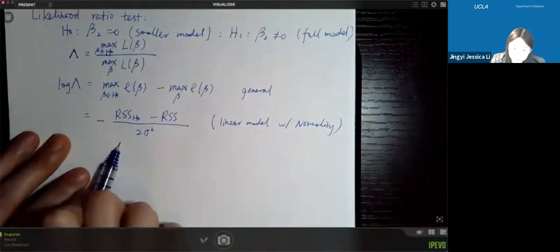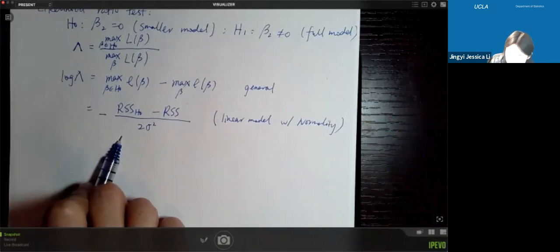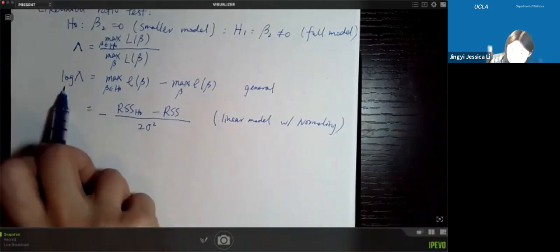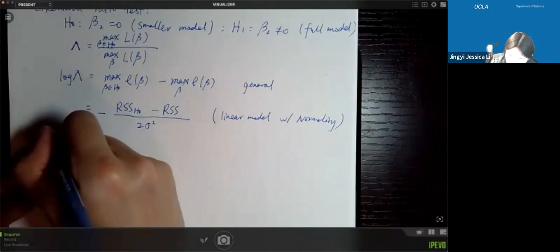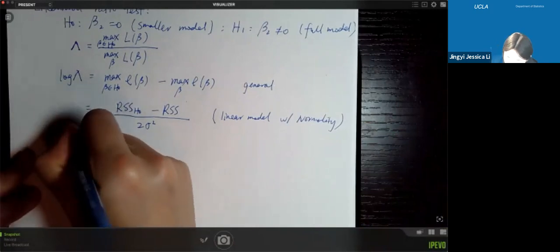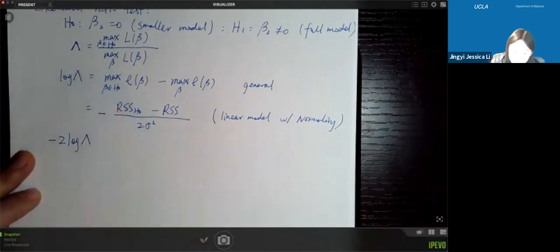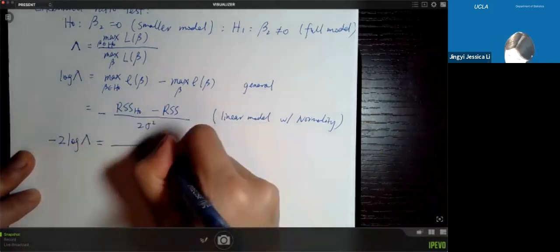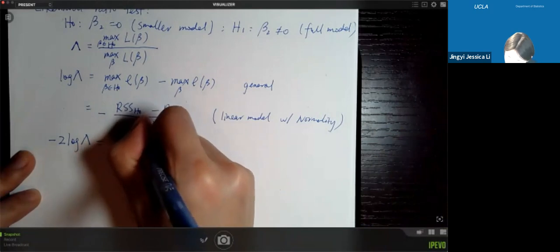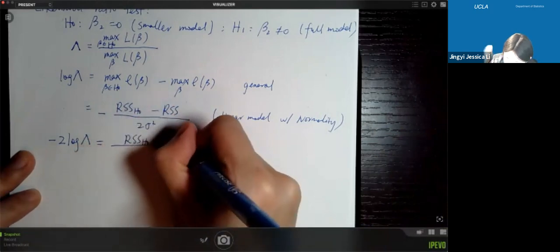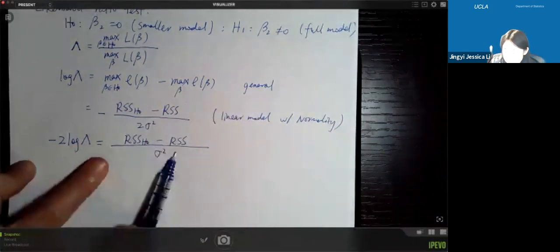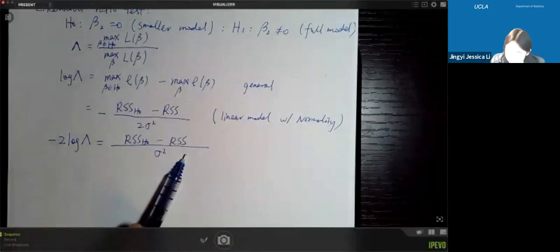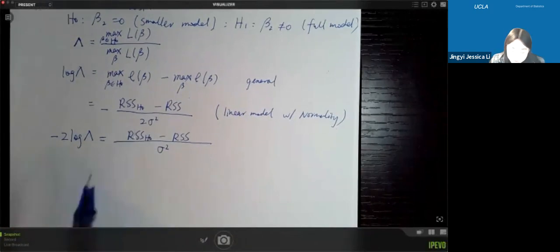That's the result. So if we multiply -2 to the left-hand side, we will get -2 log lambda equals RSS H0 minus RSS, divided by sigma squared. And you can see that this is a positive term because under H0, we have fewer predictors in the model, right?